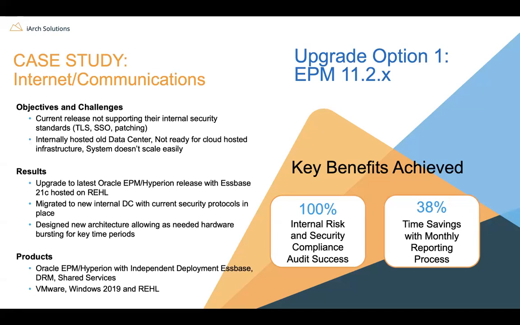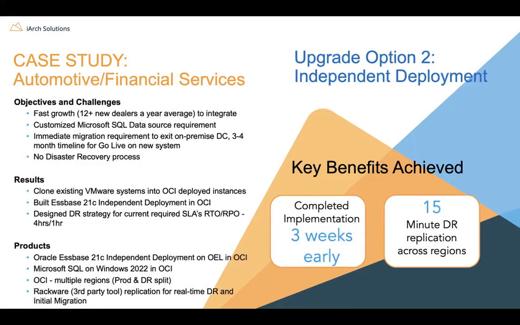So we upgraded them to 21C, on their own internal data center. I think the big thing here was that they are now 100% compliant with all security bits and pieces. And also in the process, they've shaved off 38% of their reporting time during their monthly close. So their main reason was security, which is the reason to go the 11.2 option for this one.